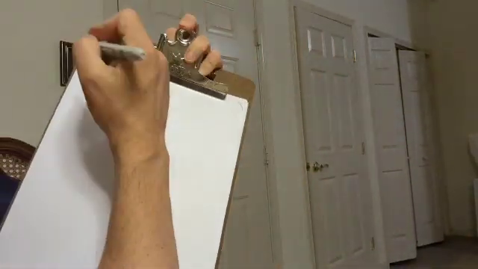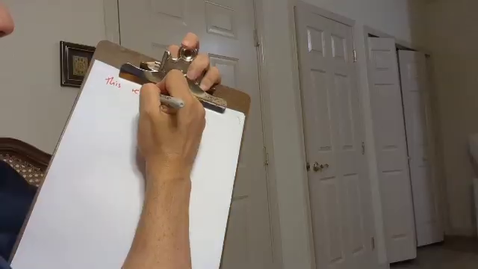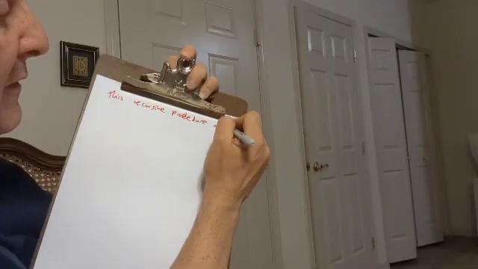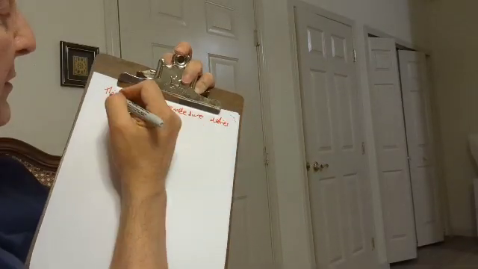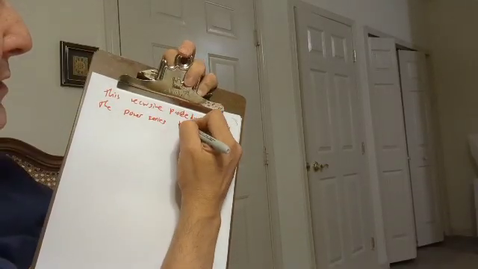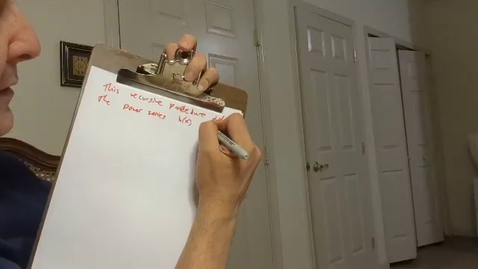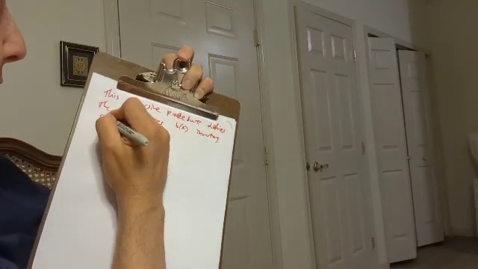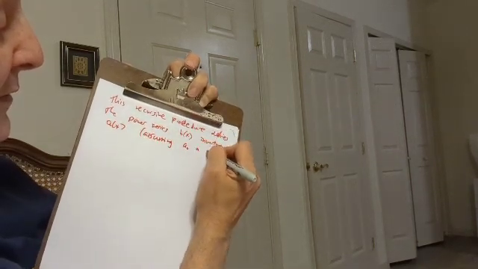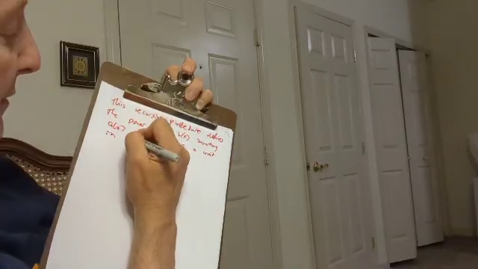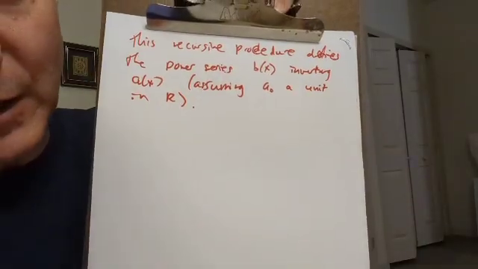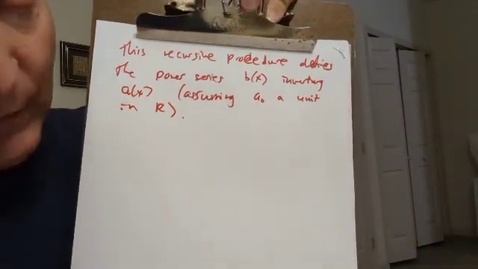So this recursive procedure defines the power series B of x inverting A of x, again assuming a0 is a unit in R. So therefore, all we need the power series A of x to have is a constant term which is a unit, and then we can invert it.